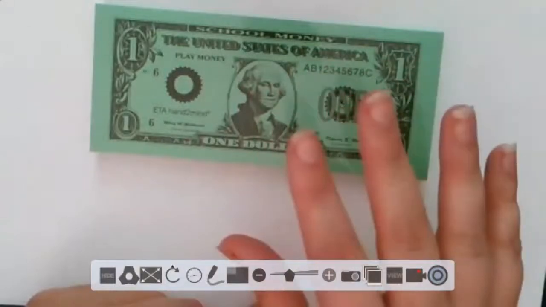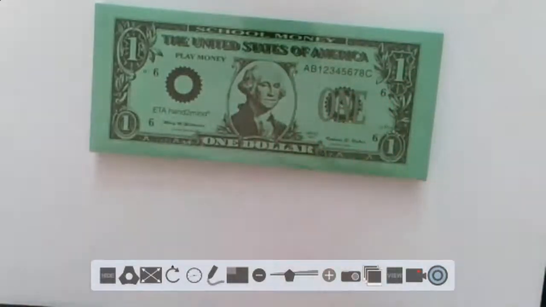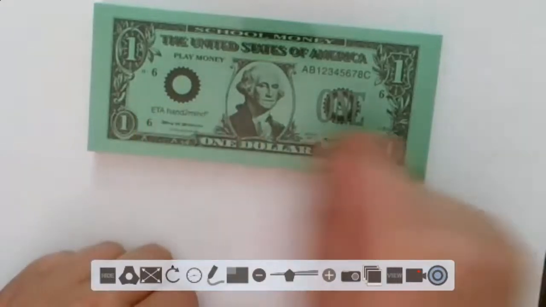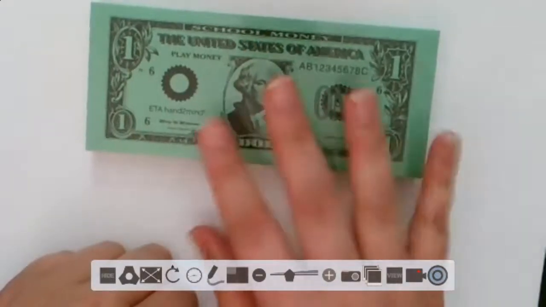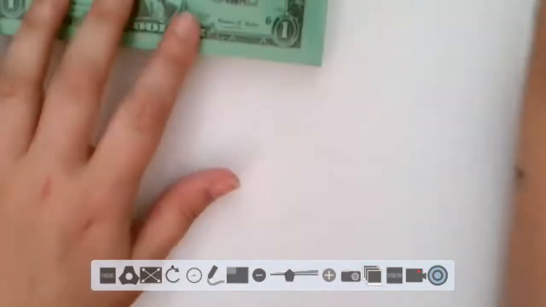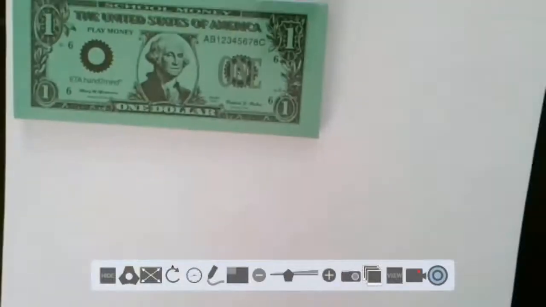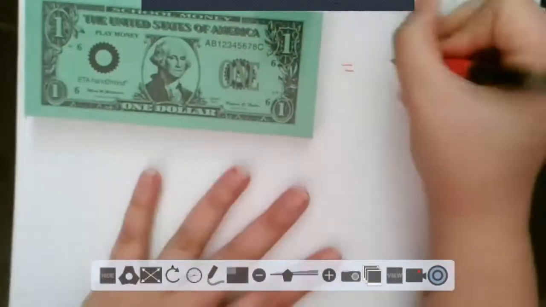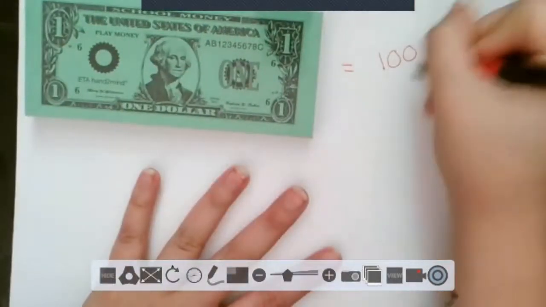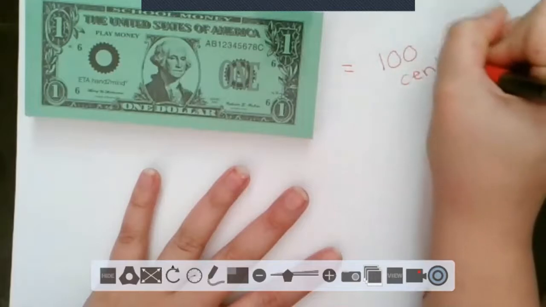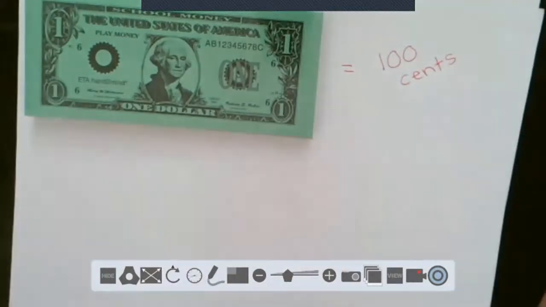Now, don't confuse $1 with 1 cent. Remember, cents means out of 100. Once we get to $1, we want to think of that as 100 cents. Dollars and cents are different.